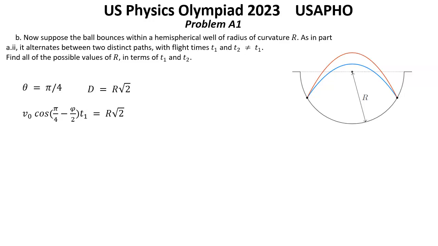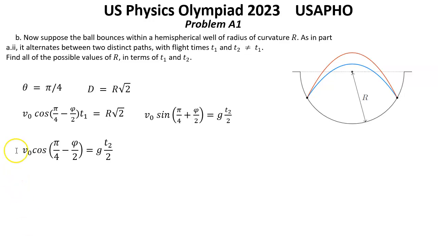Y component of velocity at the upper point is 0. So we have v0 sine (pi over 4 plus phi over 2) equal g multiplied by t2 over 2. Now transform this formula to v0 cosine (pi over 4 minus phi over 2) equal g t2 over 2.